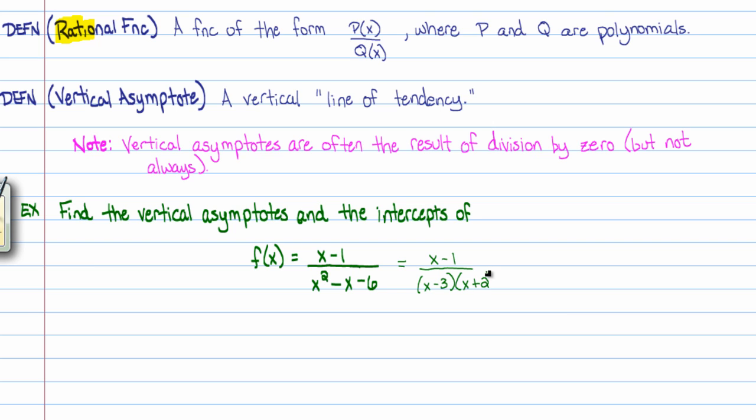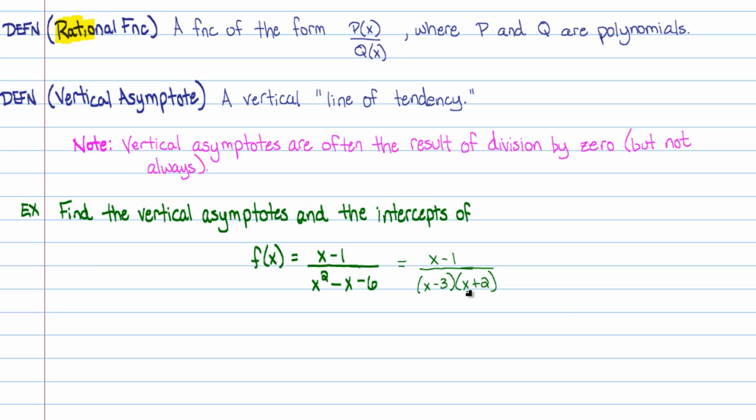Remember, factoring is definitely a prerequisite for this section. Honestly, whenever I'm given a rational function, a rational equation, anything with a fraction in it, I tend to factor denominators anyway, because at worst I'm wasting my time, but more often than not it helps in the long run.